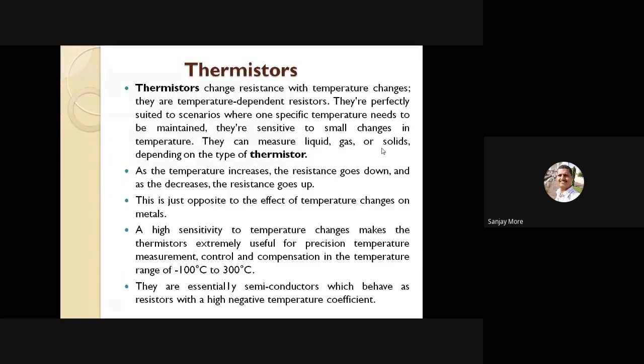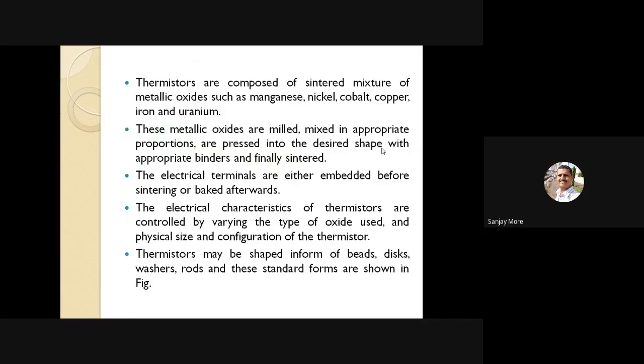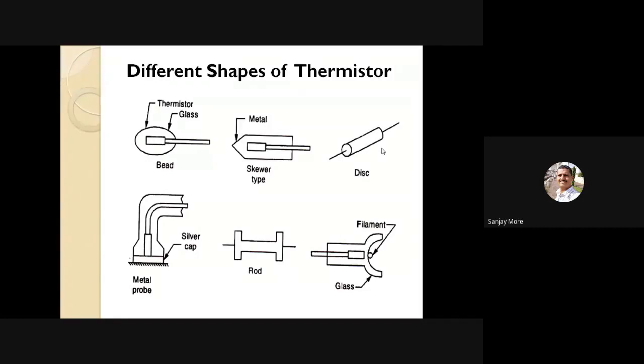Okay, so thermistors are used to measure the temperature of liquids, gases, and solids. Different types of thermistors are used. Here are the different shapes of thermistors; the category decides which shape of thermistor to choose. Okay.